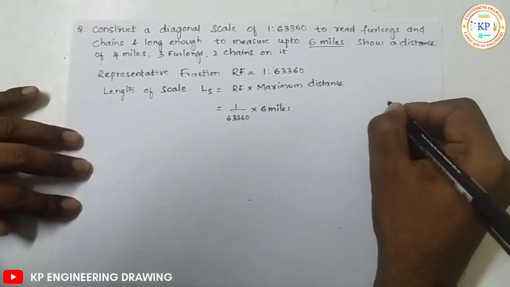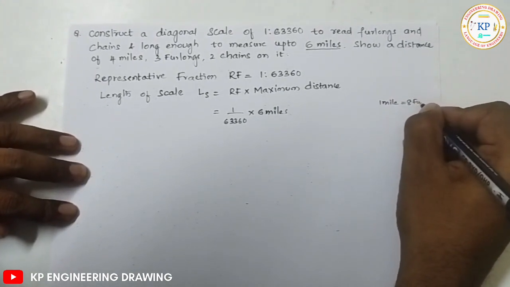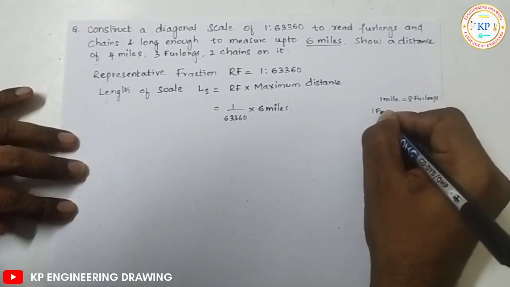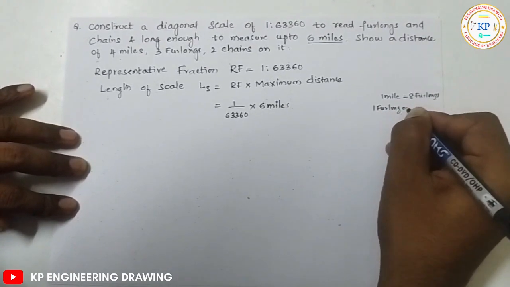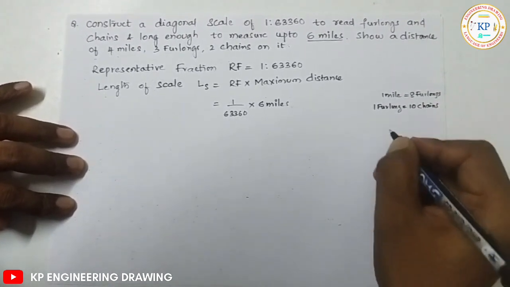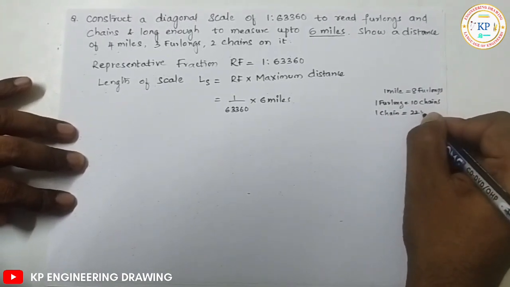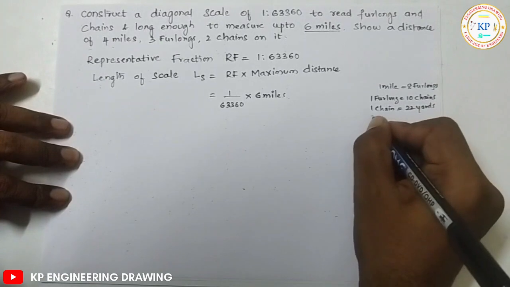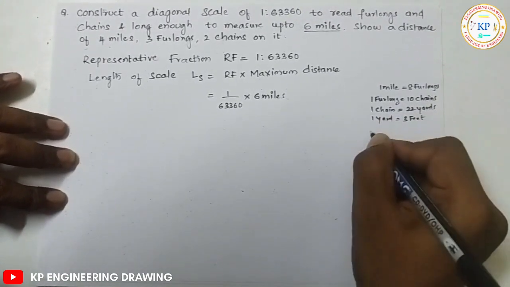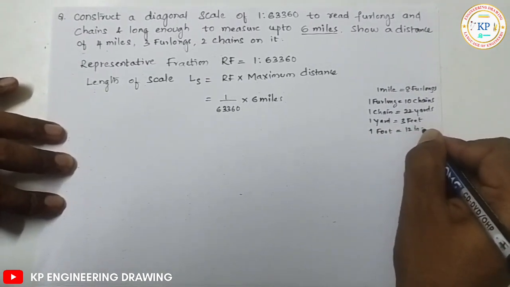So we know that 1 mile is equal to 8 furlongs. 1 furlong is equal to 10 chains. 1 chain is equal to 22 yards. 1 yard is equal to 3 feet. 1 foot is equal to 12 inches.